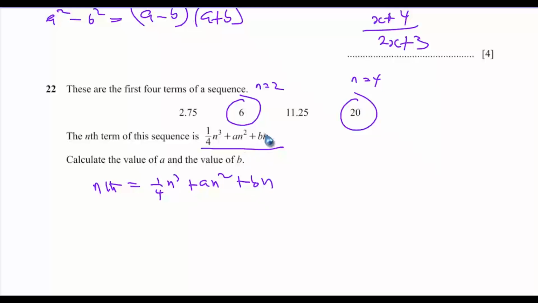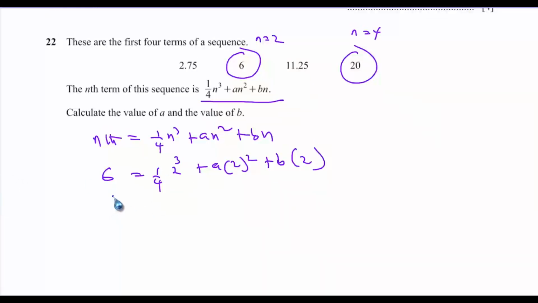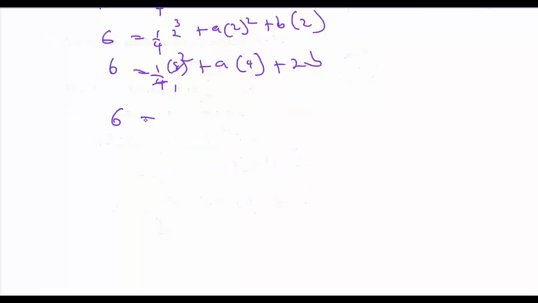So when n is equal to 2, that means the term should be 6 equals 1 out of 4 into 2 to the power of 3 add a into 2 to the power of 2 plus b into 2. If you simplify, this will give you 6 equals 1 out of 4 into 8 plus a into 4 plus 2b. 6 equals 2 plus 4a plus 2b.